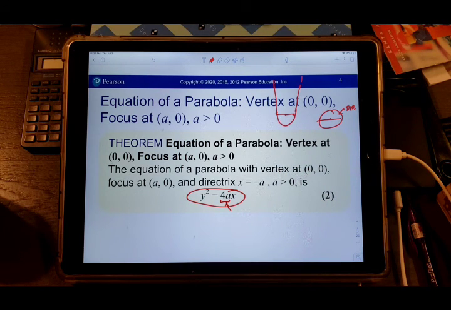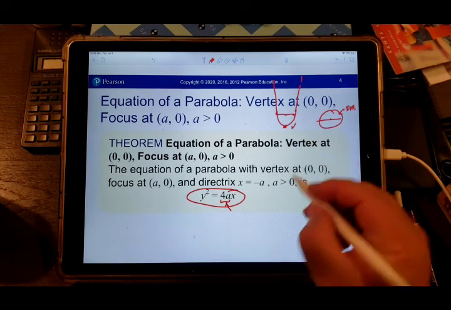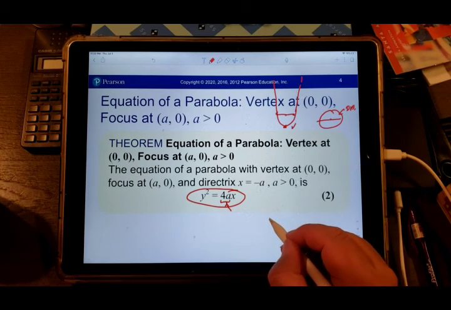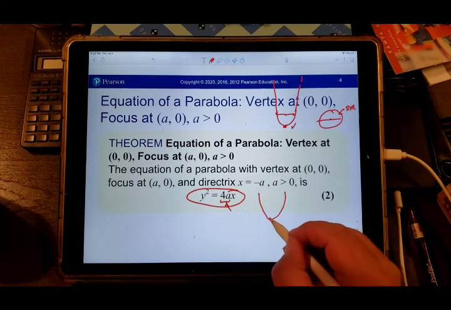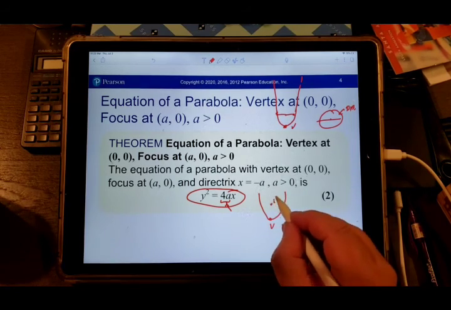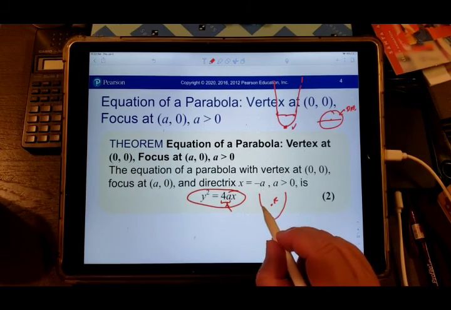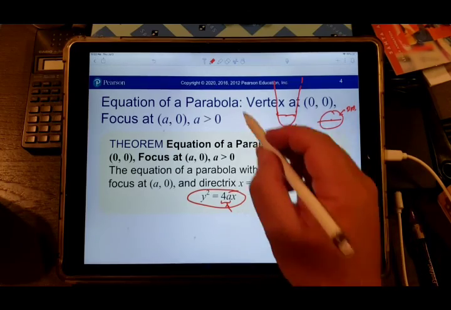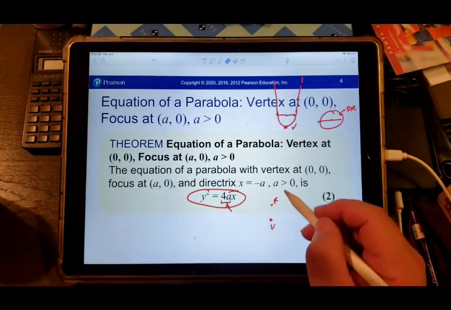But how big is the latus rectum? How do we measure these things? We know this is the vertex. Well, do it down here. If I have a parabola, that's the vertex. Focus might be right about there. Well, that's not to scale. All right.